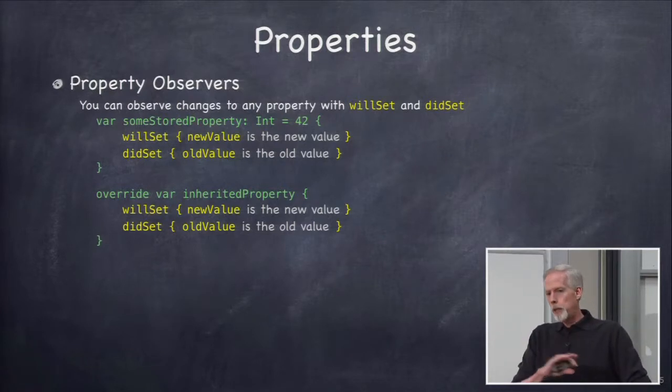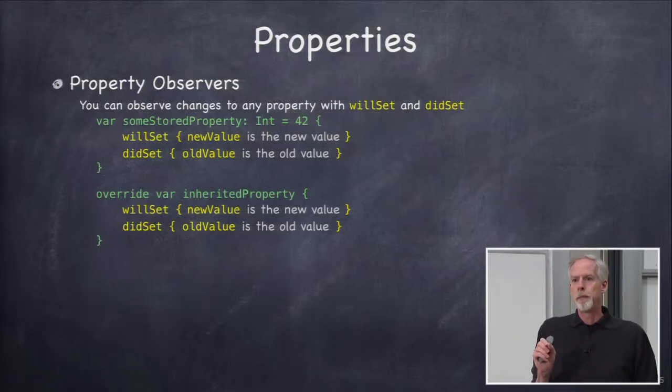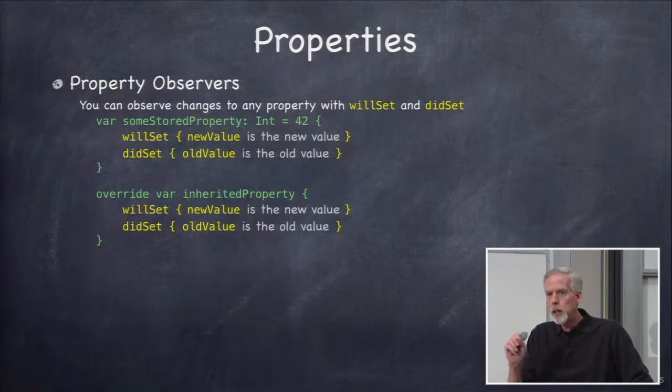So here I have some stored property. It stores an int, 42. And notice though, even though it's a stored property, not computed, I still put a curly brace after it. But in that curly brace, instead of saying get and set like a computed property, I say willSet and didSet. So these are little pieces of code inside the willSet and didSet.